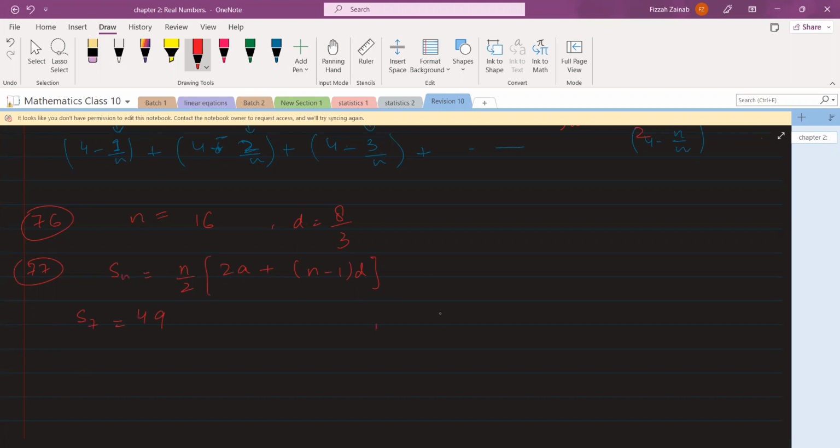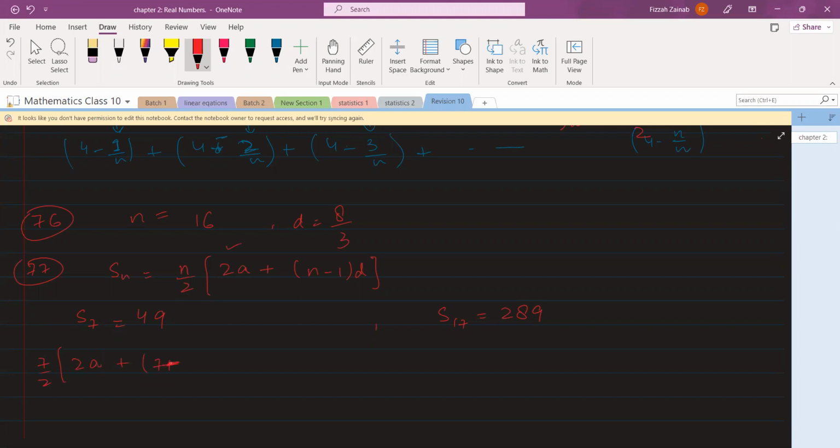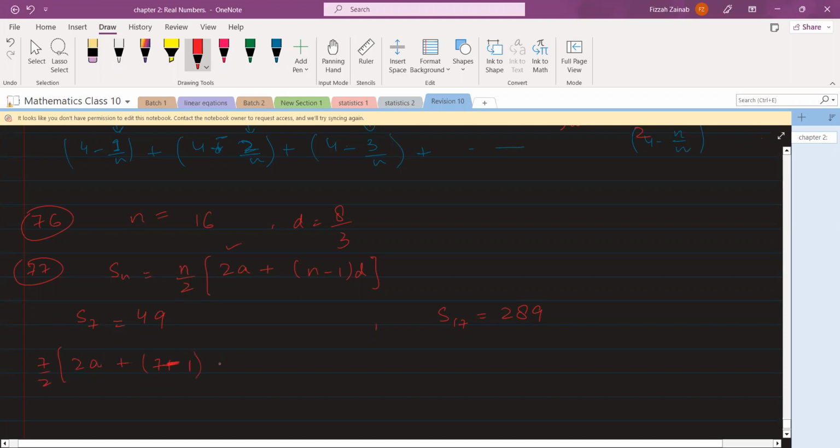And it is also given that the sum of 17 terms is 289. So you are going to get two equations from here. If you write S7, you put n is equal to 7 in this formula. So that means 7 by 2 into 2a plus 7 minus 1 into d, and this is equal to 49.